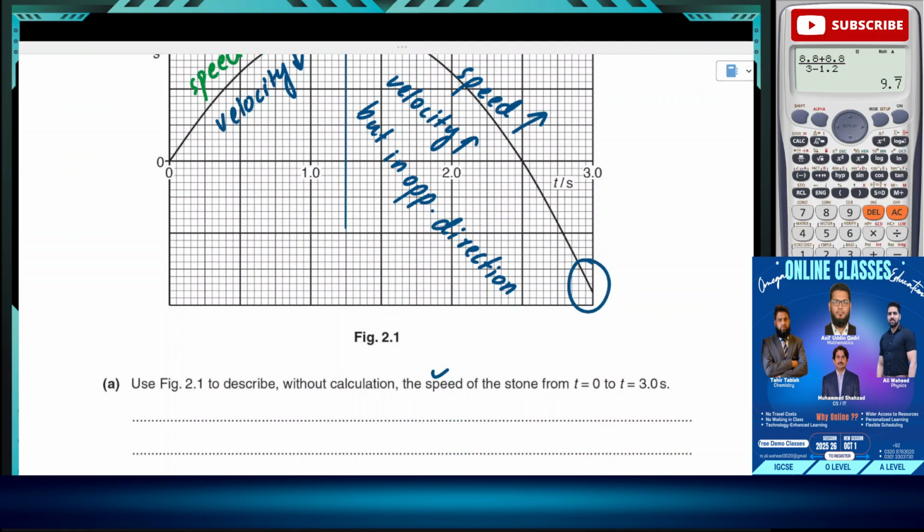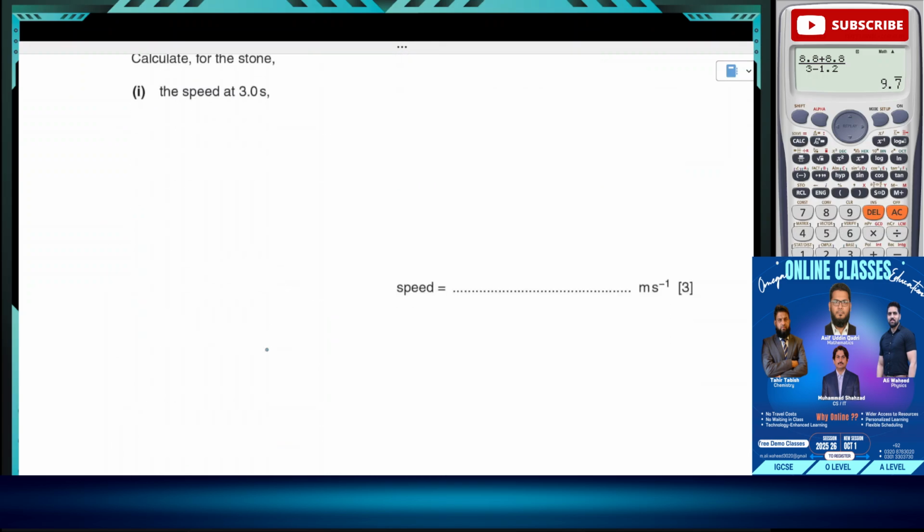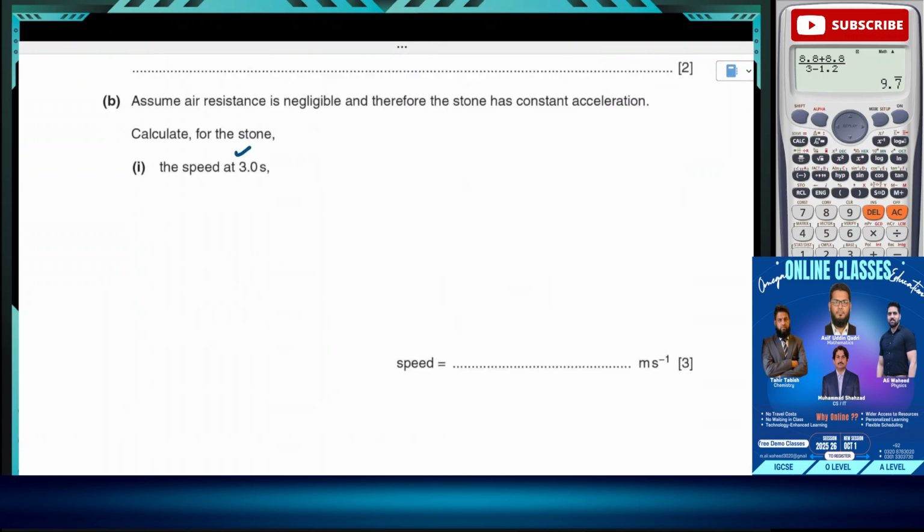Let's see what can be done for this. We can use the equations of motion, the ones that we have studied already. So what if I use the very first one? Let me call this my final speed.